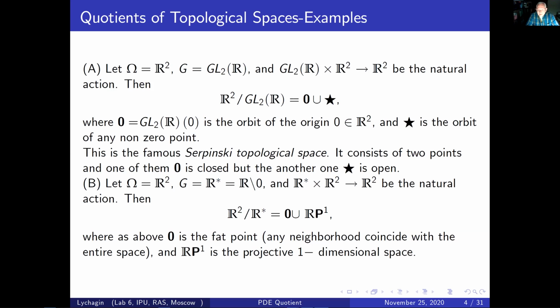But the quotient is extremely ugly, because if you analyze the topology of this quotient, you will see that 0 is a closed point, and star is the open point. This is a very strange topological construction. It's known in general topology, it's called Sierpinski topology.